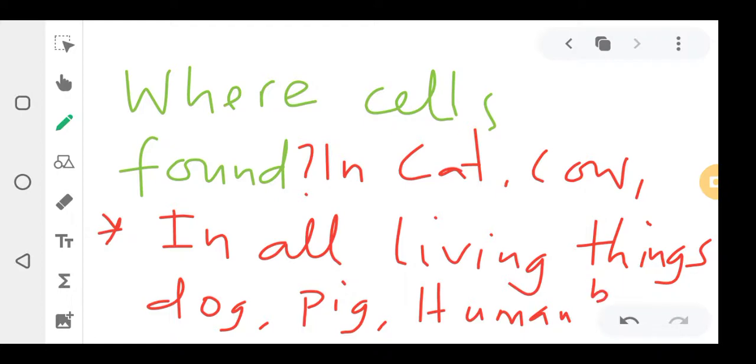So even human beings have got cells. You can find cells in cats, birds, cows, snakes, anything alive that is moving. Anything alive has got cells.